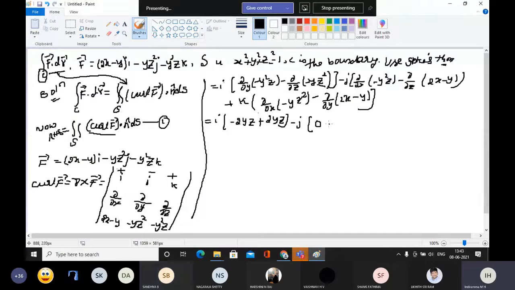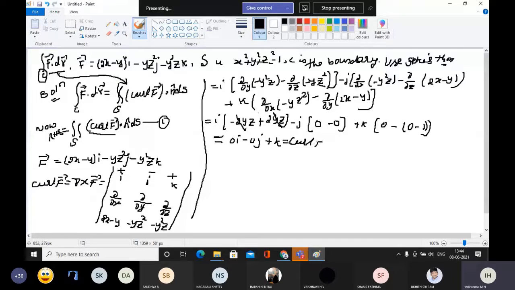Minus dou by dou z of 2x minus y is 0 because there is no z term. Plus k into dou by dou x of minus yz square, which is 0, minus dou by dou y of 2x, which is 0, minus dou by dou y of y, which is 1. Correct? Minus 2yz plus 2yz cancelled. So we got 0i minus 0j plus k. This is our curl f.